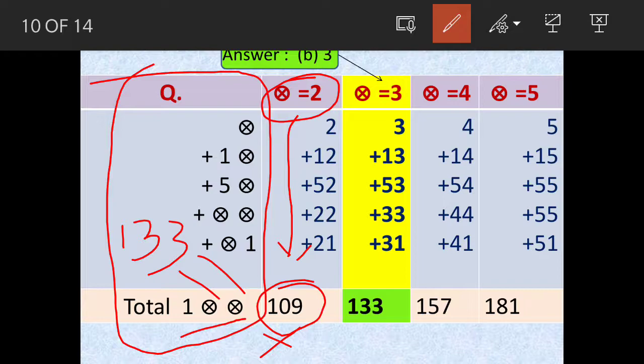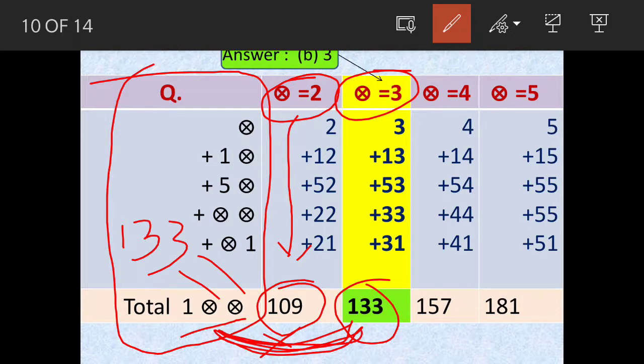If it had been 122, then 2 would have been correct. But when you put the value of the symbol as 3, you get 133, and that meets the answer pattern. So this is our answer.